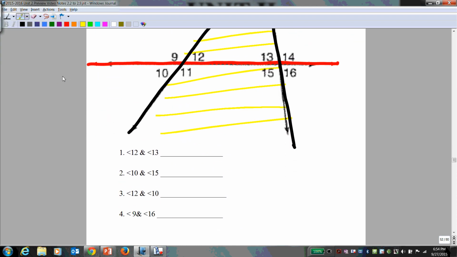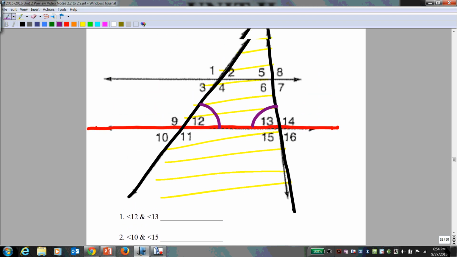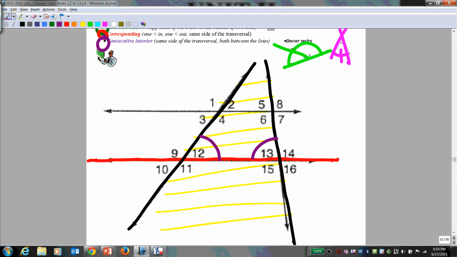All right, let's take a look. We're going to do 12 and 13. 12 and 13, sweep. Okay, 12 and 13, same side of the stir stick between the lines. That's going to be consecutive interior.